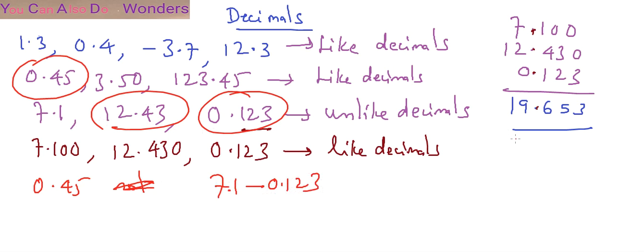First, let's convert to like decimals. So it will become 7.100 minus 0.123. So here we get 7, 7, 0, 6.